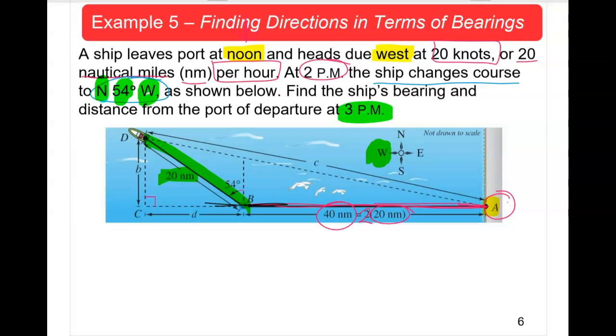So the question is to find the distance from the port of departure, which was here, point A, and from where the ship is right now, right here. So from point D to point A. And so that distance will be the length of a side in this triangle that we see here.